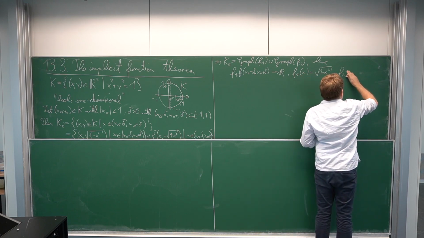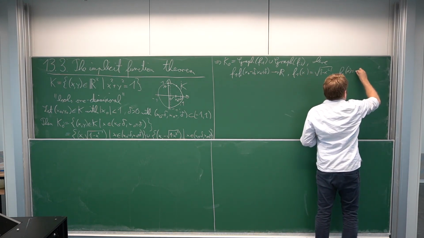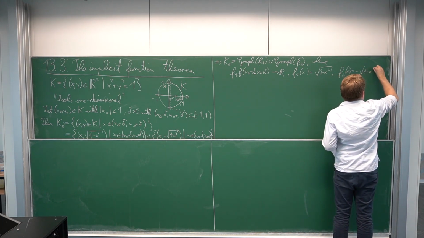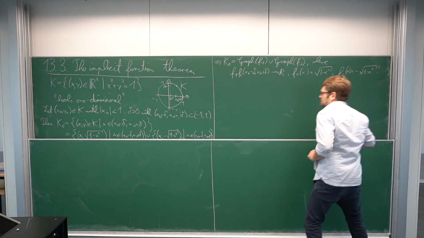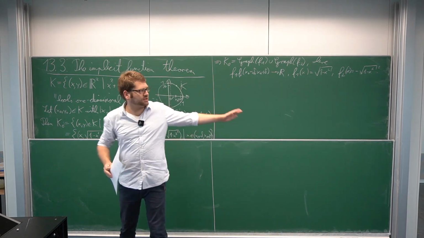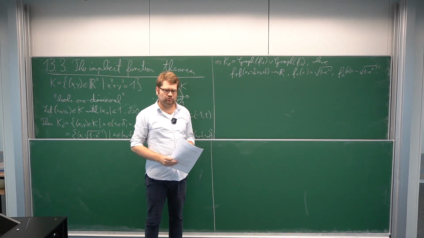F2 of x is minus the square root of 1 minus x squared. So this is really how we can describe this as a union of two graphs.